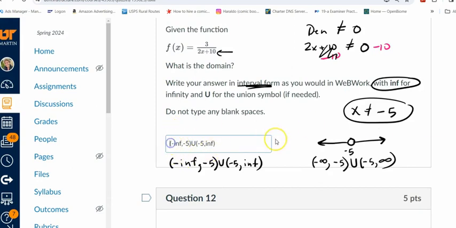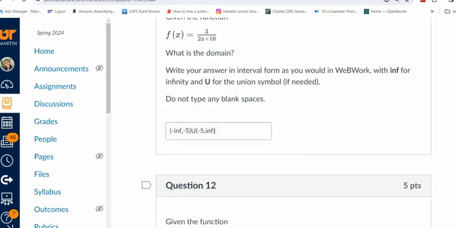I had one student that had a blank space on the end, and they just didn't know why the answer was counted wrong. When you look at the answer, it doesn't look like it's wrong, but you can't see that blank space on the end. So make sure there's no blank spaces in front or on the end. Okay, so that's the answer to that one.